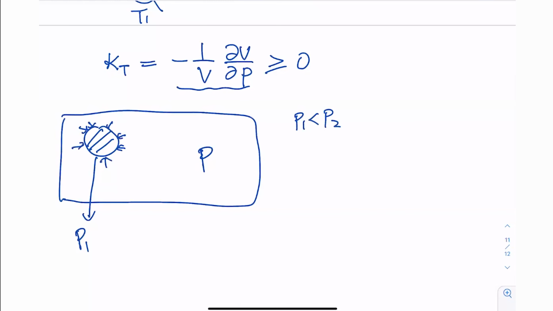So dV will be smaller. Okay, so if kappa T is greater than 0, it means that partial V, partial P needs to be, let me think.